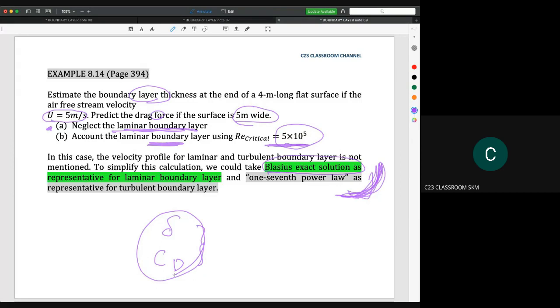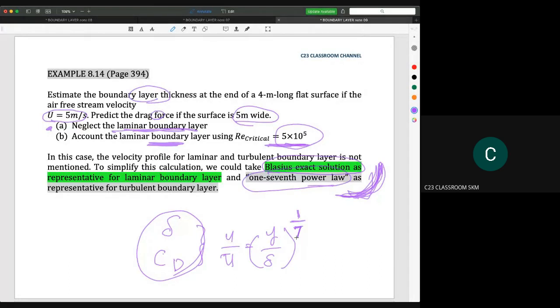And then for the turbulent boundary layer, it is okay for you to take the 1/7 power law. So what is the 1/7 power law? As I said, u over U for turbulent can be written as y over delta to the power of 1 over n. But normally the turbulent case starts with 1 over 7. This is the common turbulent condition found in a normal situation.